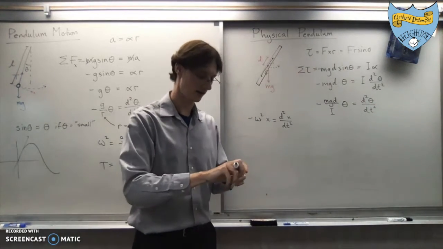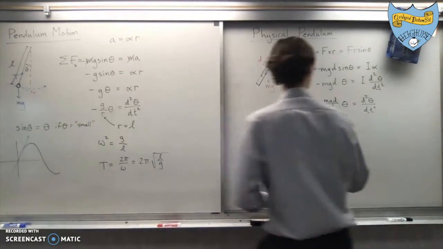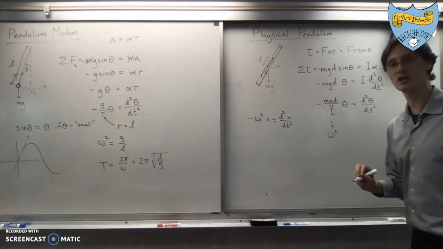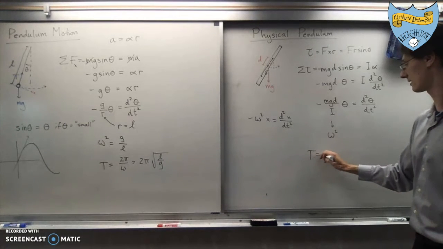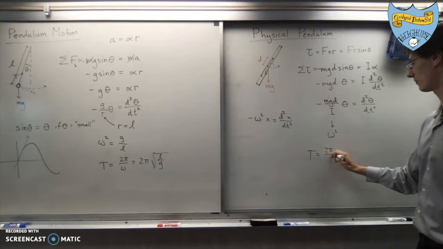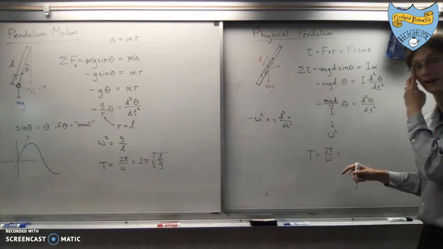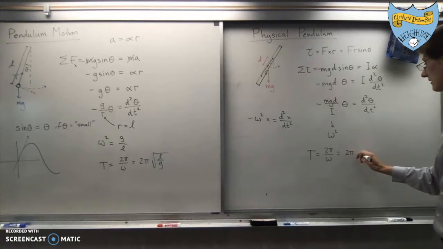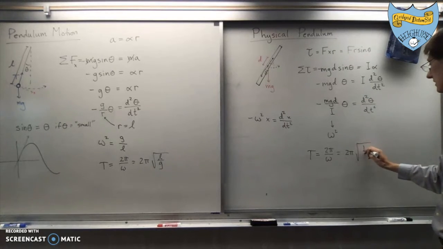Now if you recall, since it is of this form, omega squared is mgd over I. So therefore, the period of oscillation for a physical pendulum, which is given for anything by 2 pi over omega, specifically for a physical pendulum is going to be 2 pi times the square root of I over mgd.